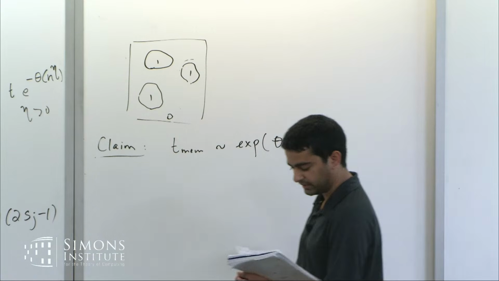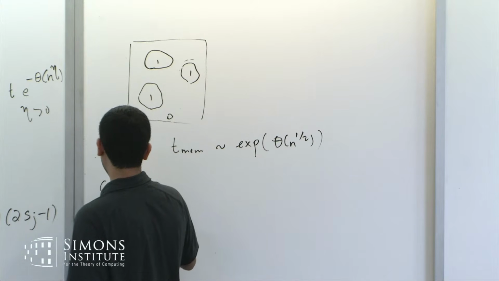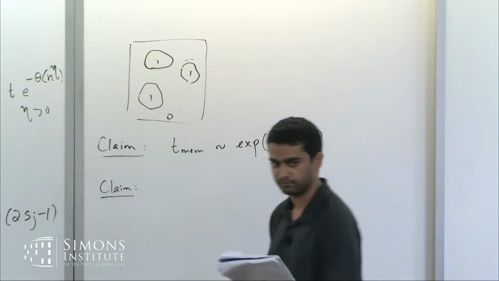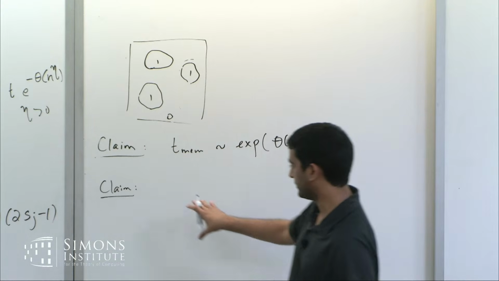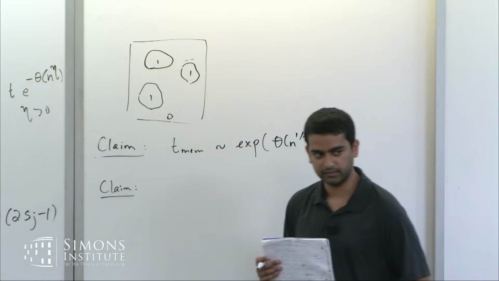There's a very nice theorem that is again a standard kind of Markov chain argument. We're going to compute the conductance of the Markov chain corresponding to this quantity, and then show that this conductance is exponentially small.